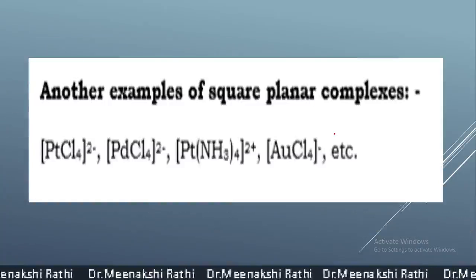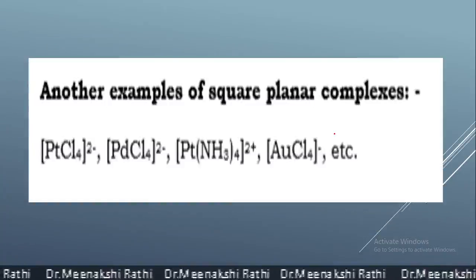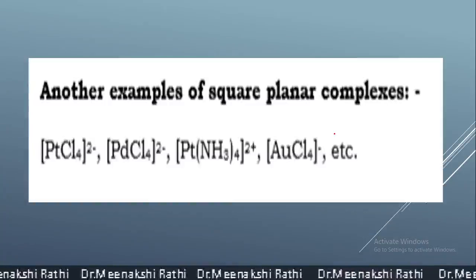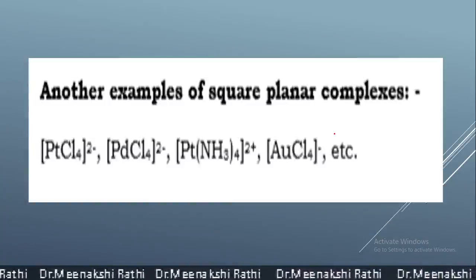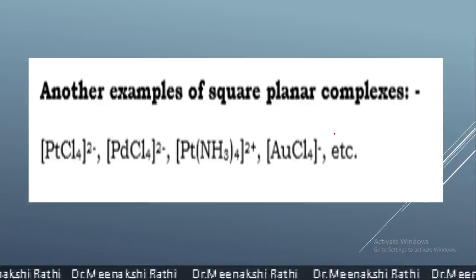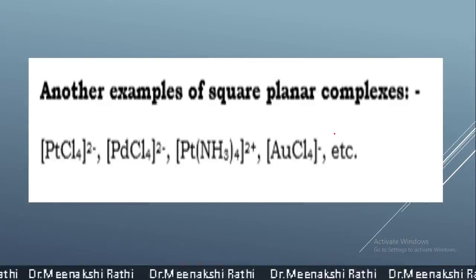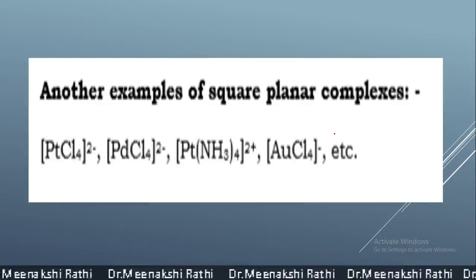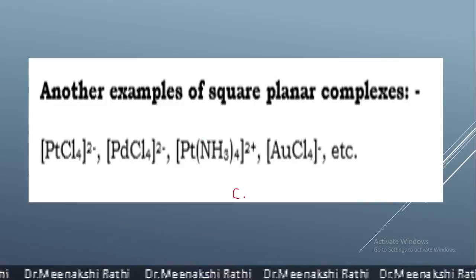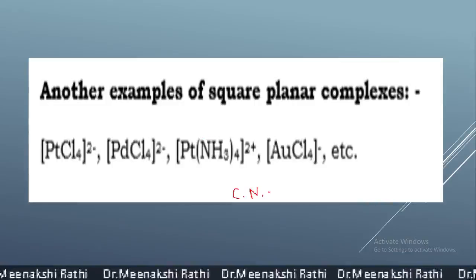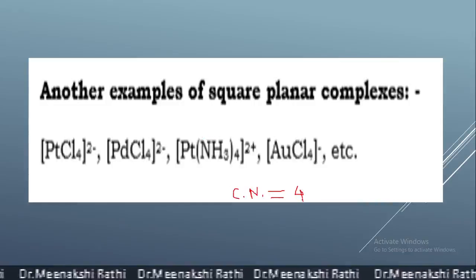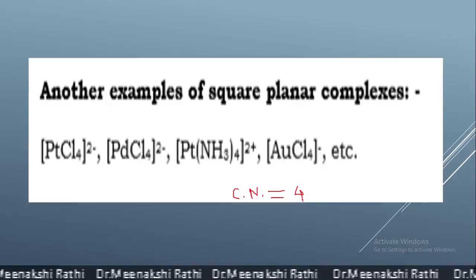Some more examples of square planar complexes are the tetrachloroplatinate ion, tetrachloropalladate ion, tetraammineplatinum, and tetrachloroaurate ion. If you remember, we discussed that when the coordination number is 4, two geometries are possible. One is tetrahedral and another is square planar.